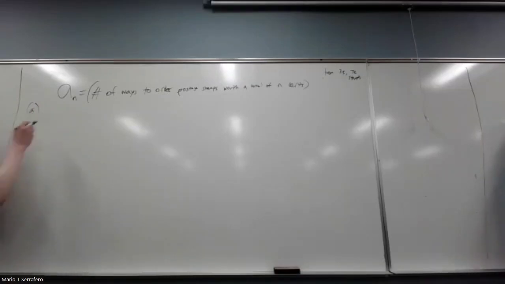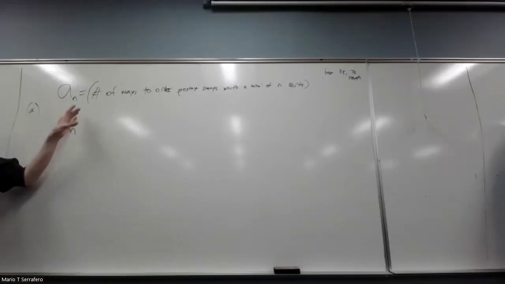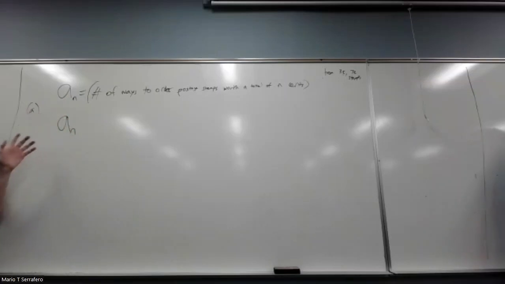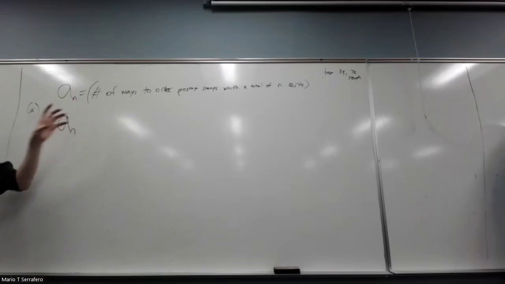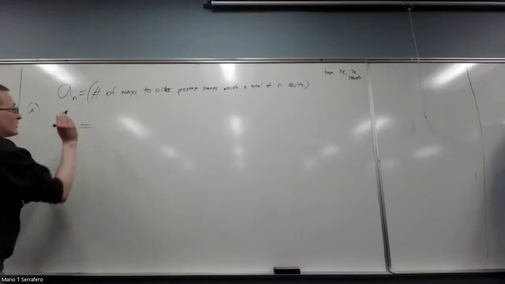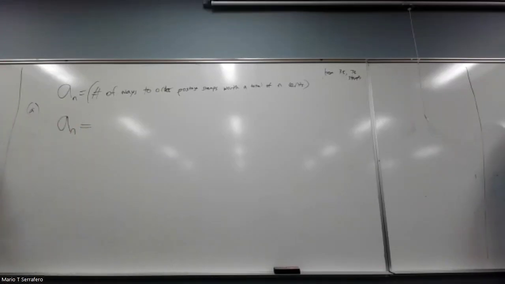When trying to derive a recurrence relation for any general n, we want to look back at previous terms and figure out which previous terms of the sequence would be useful in helping us figure out a sub n. We know we have 3 cent stamps and 7 cent stamps.